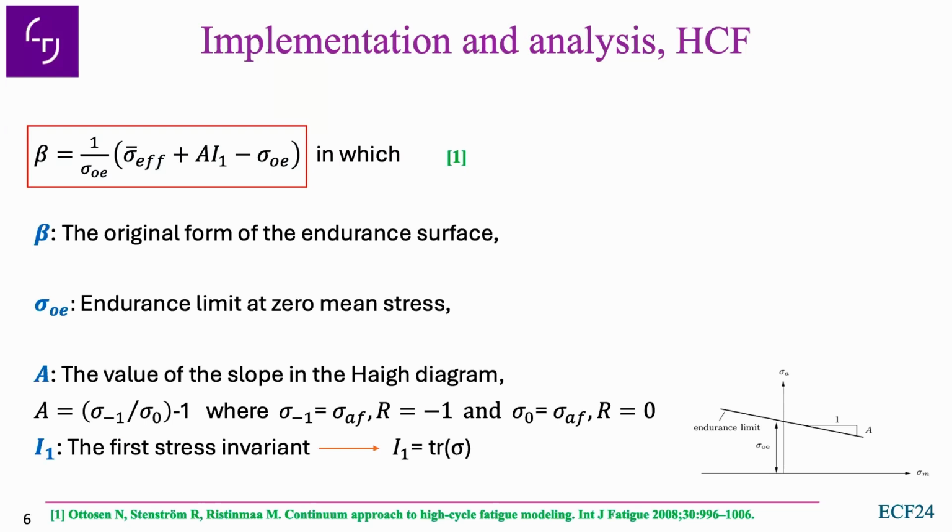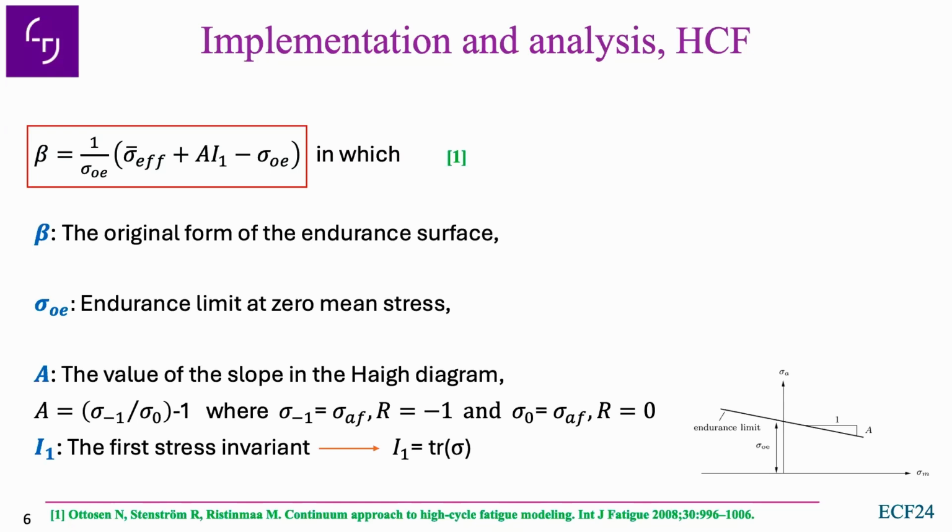This is the original beta, or endurance surface, based on the Ottosen equation. As you can see, sigma OE and A are two parameters that can be obtained by experimental tests. Sigma OE is the endurance limit at 0 mean stress, and A is the slope in the Haigh diagram, as you can see in this diagram.